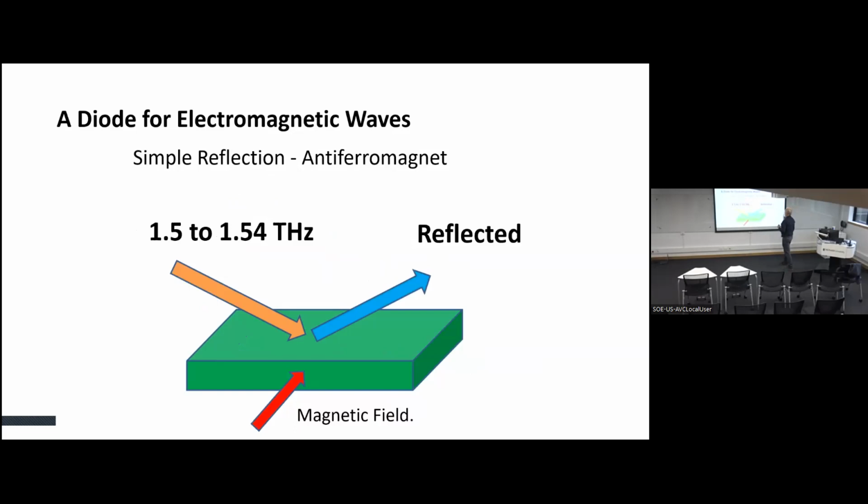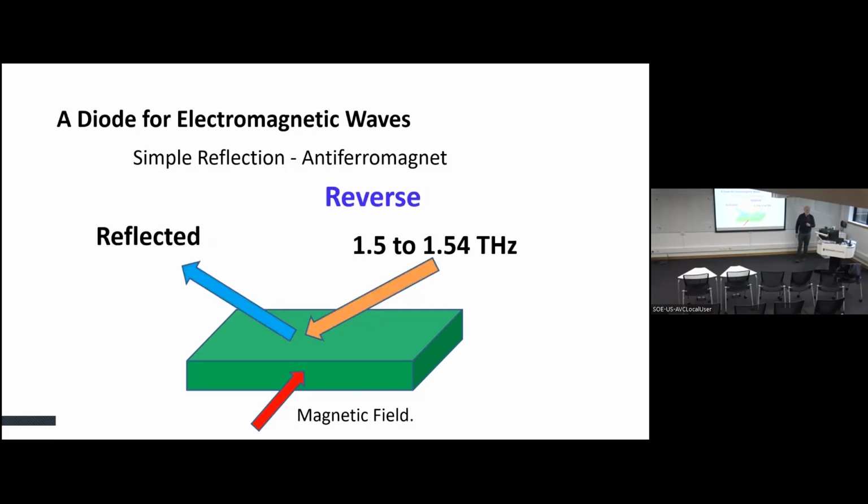And we're going to look at the reference frequency region of 1.5 to 1.54 terahertz. This geometry will be called the forward direction. If we go the other way, amazingly enough, we're going to call it the reverse direction.